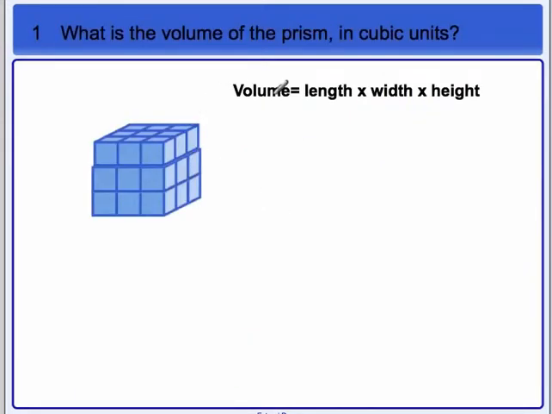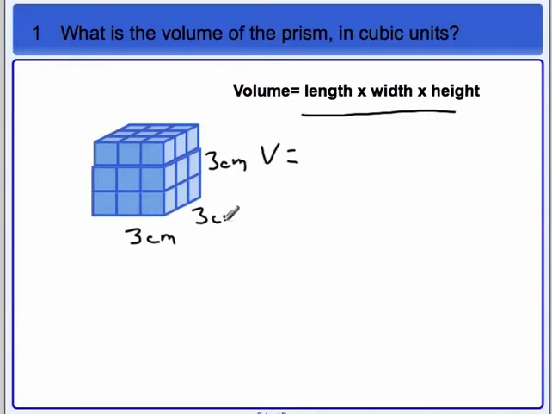So what is the volume of this prism? You're always going to use the formula length times width times height. Whenever we solve anything with a formula, we write the formula down, and then substitute what we know. The length is 3 centimeters, the width is also 3, and in this one the height is 3.